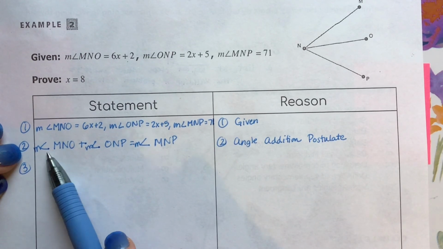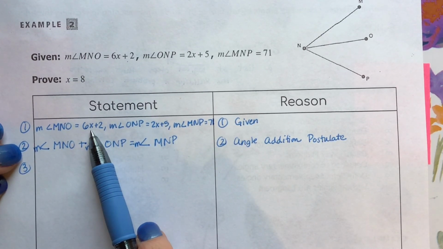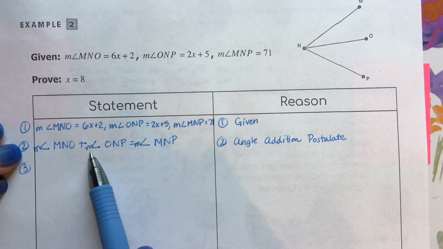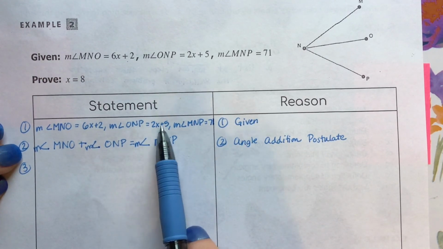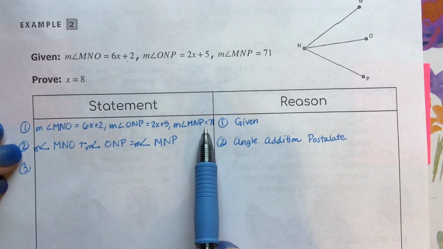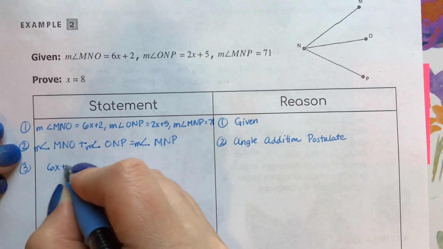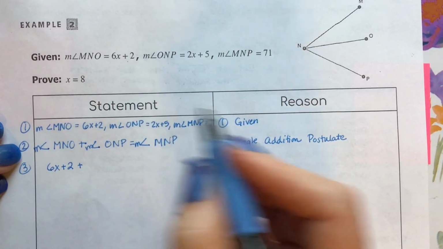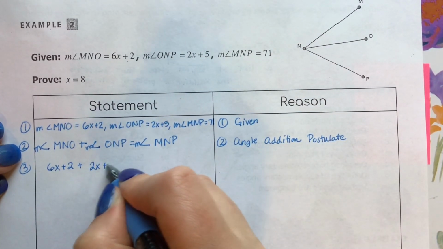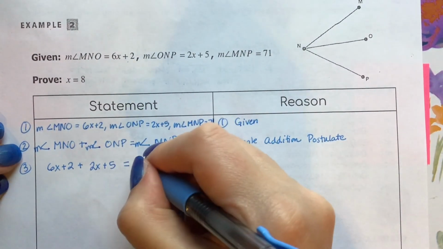So now, instead of writing MNO, I'm going to replace it with this 6x plus 2. Instead of writing measure of angle ONP, I'm going to replace it with the 2x plus 5, and then this last angle with 71. So now I'm going to have 6x plus 2 plus 2x plus 5 is equal to 71.